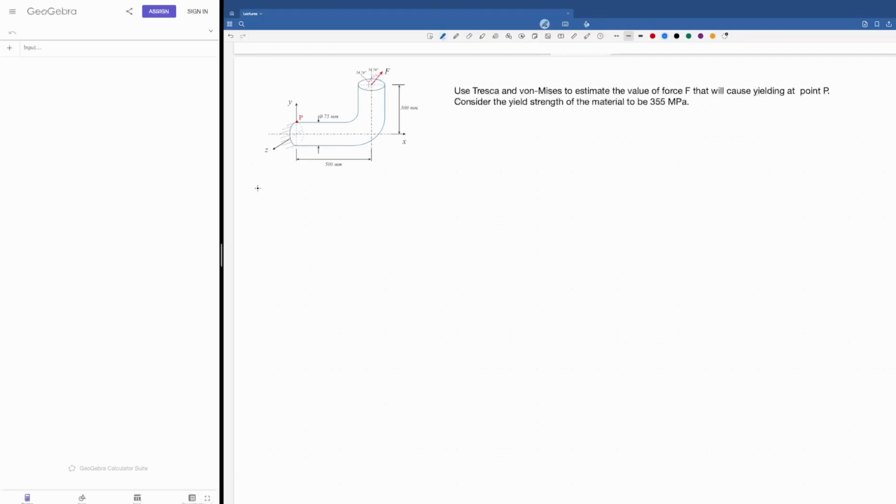Determination of the angle between F and the x-axis. First thing we need to find out.